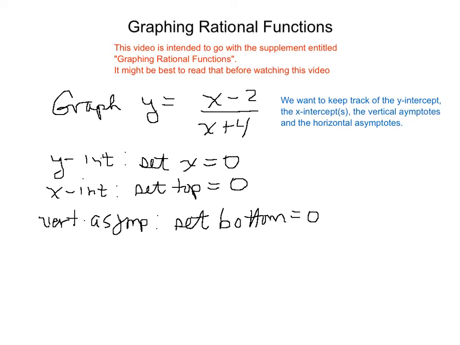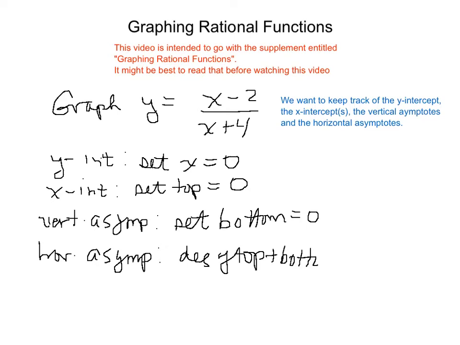When you set the bottom equal to 0, then the whole expression blows up, and that's when we get a vertical asymptote. And finally, to get a horizontal asymptote, now that's covered in a lot of detail on the handout. But basically, we look at the degree of the top and bottom, and we figure out how they work.